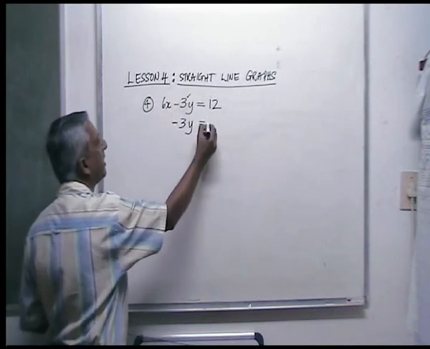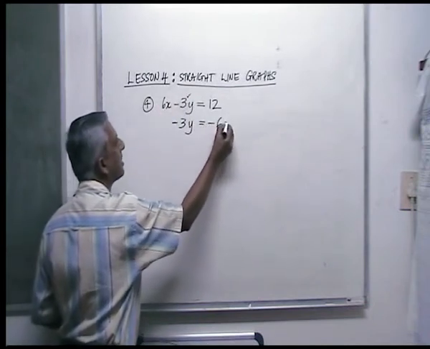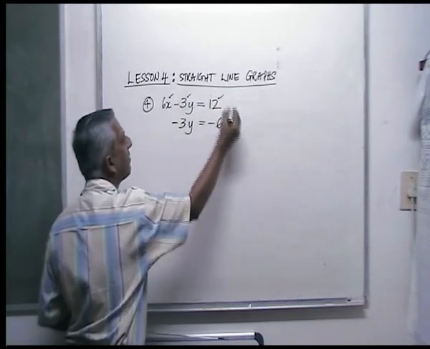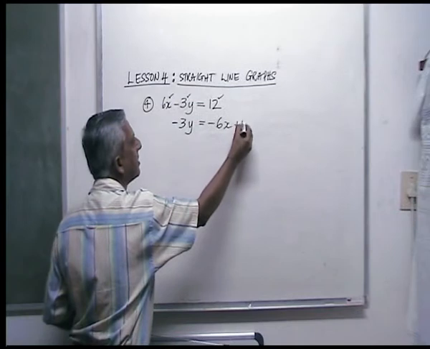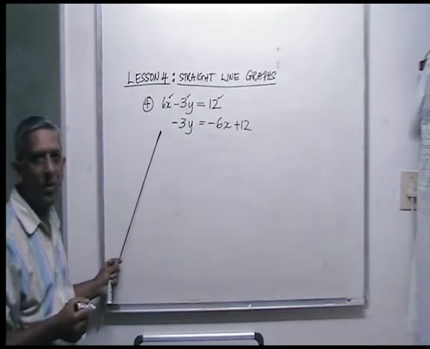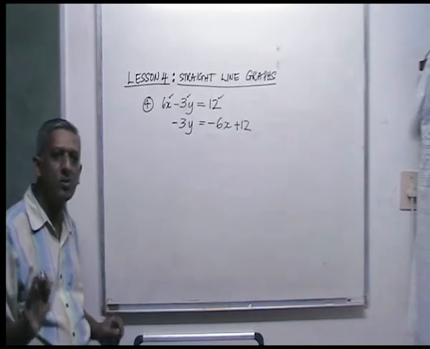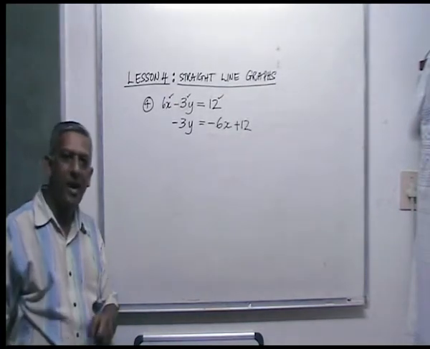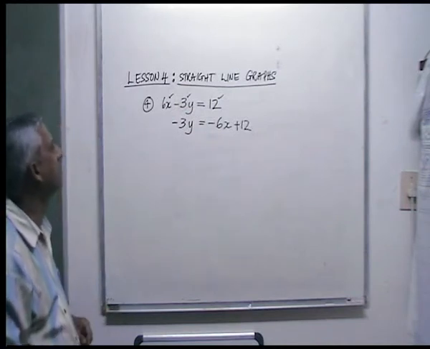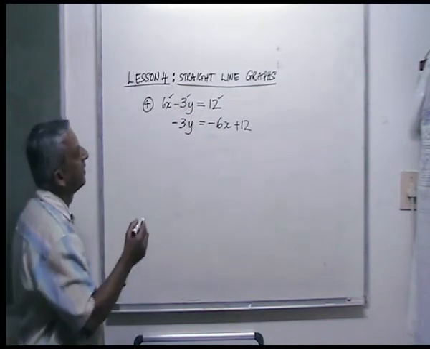Now let me take the 6 on that side, it will become minus 6x. And then let me bring the 12 down, so it will be plus 12, because I just brought it down. Remember, we're using the rules of equations here, and if you don't know the rules of equations, go back and look at the DVD on equations and revise the rules of equations.